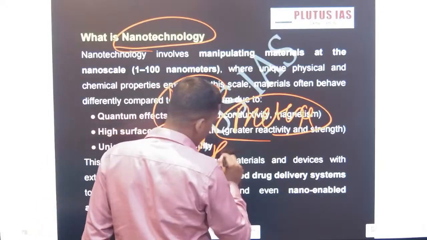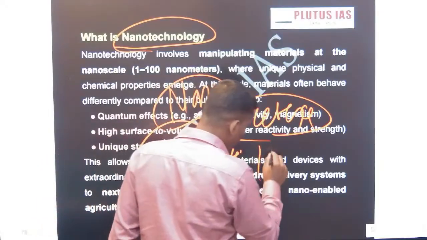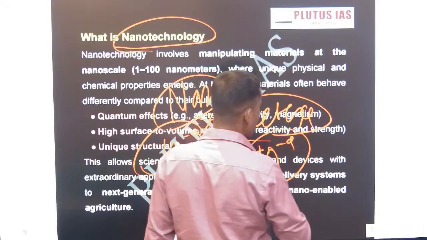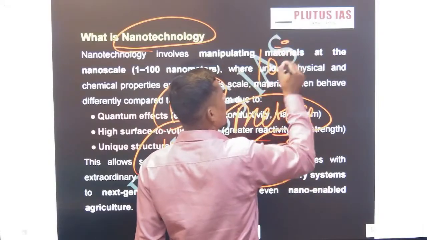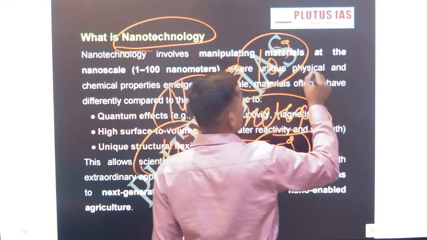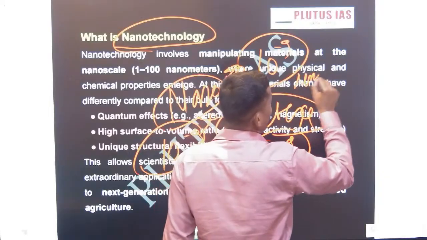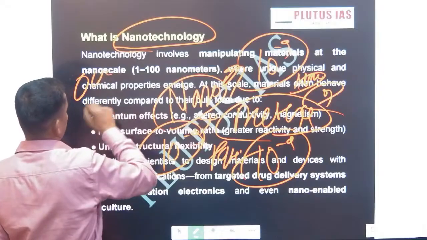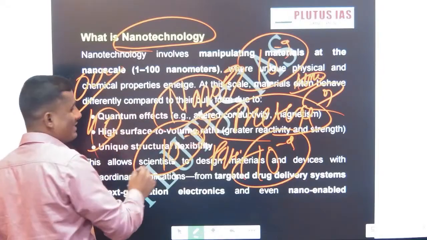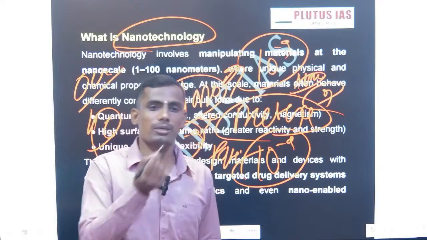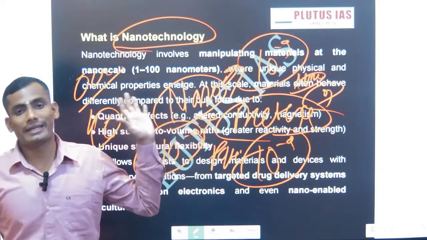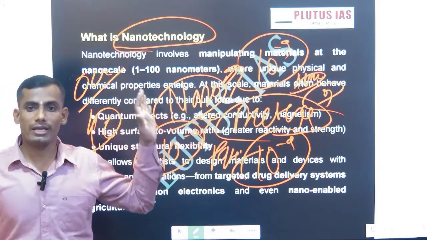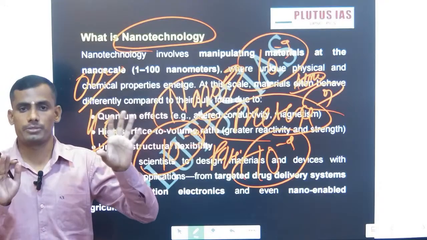In particle physics, if the particle size is 10 raised to power minus 9, that is your nano. Nano in Greek means 9, remember. Octa means 8, hexa means 6. These are Greek words, and the technology name itself shows that it deals with 10 raised to 9 parts of the substance or material.